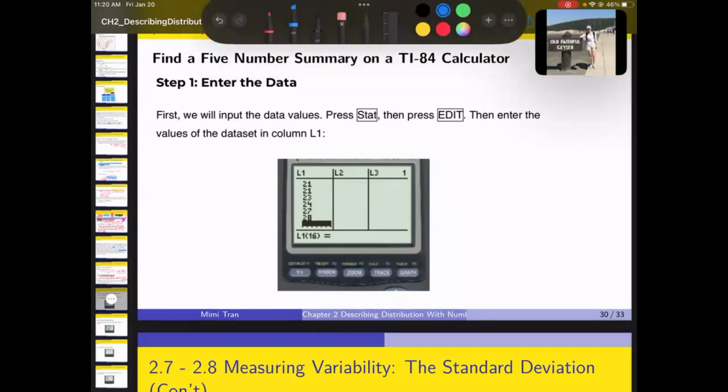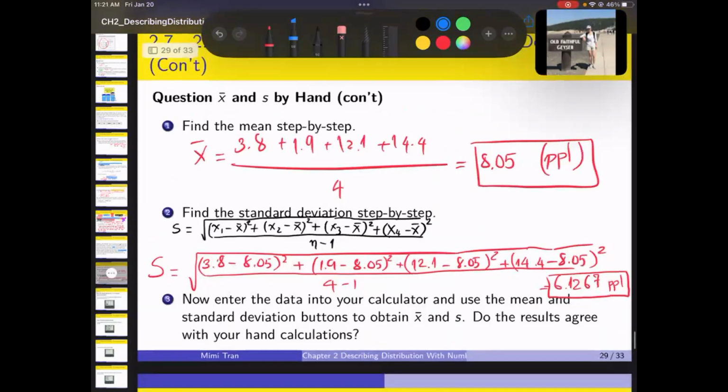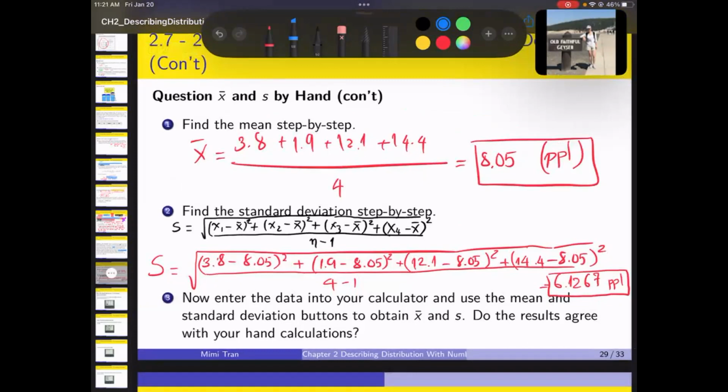Stat, and then edit. You see edit. Press edit, and then you see L1, L2, L3. Plug in the values. So stat, edit. Everybody okay with that? And then plug in 3.8, enter, 1.9, 12.1, 14.4.